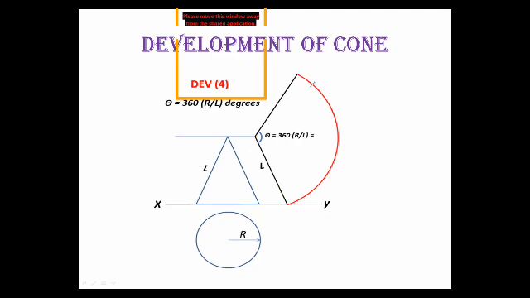Now the question is the angle of the development. We can calculate the angle theta, which is equal to 360 into R divided by L. Here R is the radius of the circle in the top view, and L is the length of the generator in the front view.